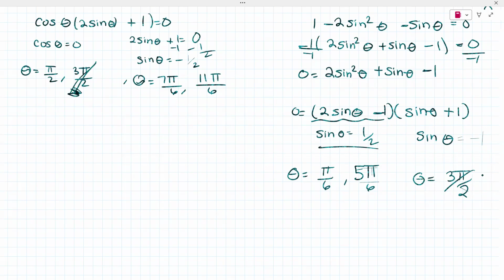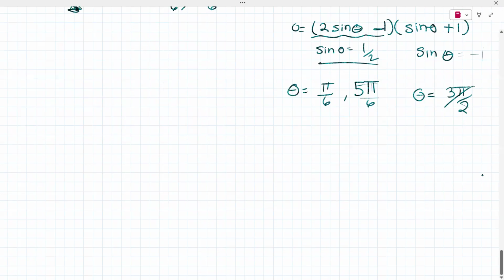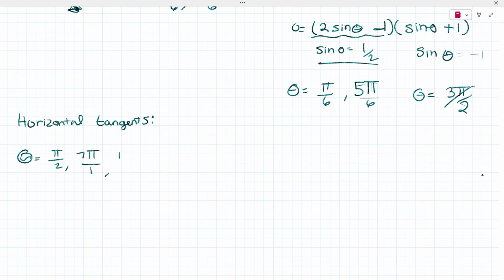And so your theta for horizontal tangents are pi halves, 7 pi over 6, and 11 pi over 6.